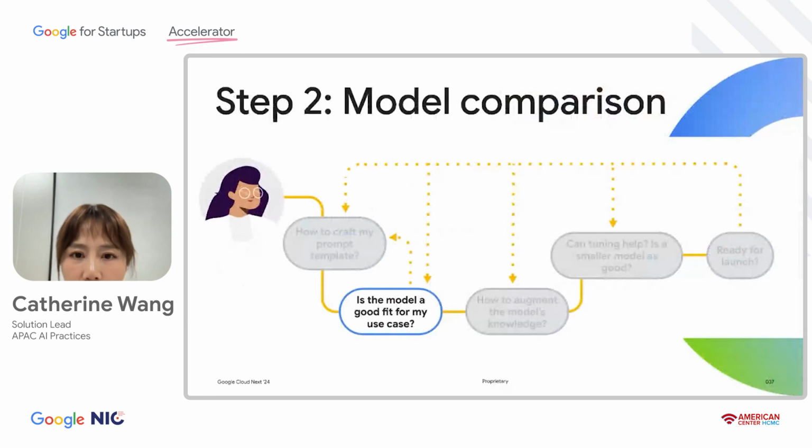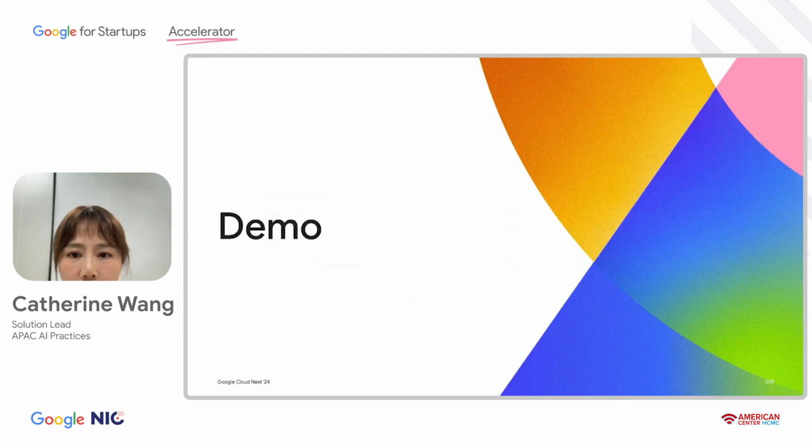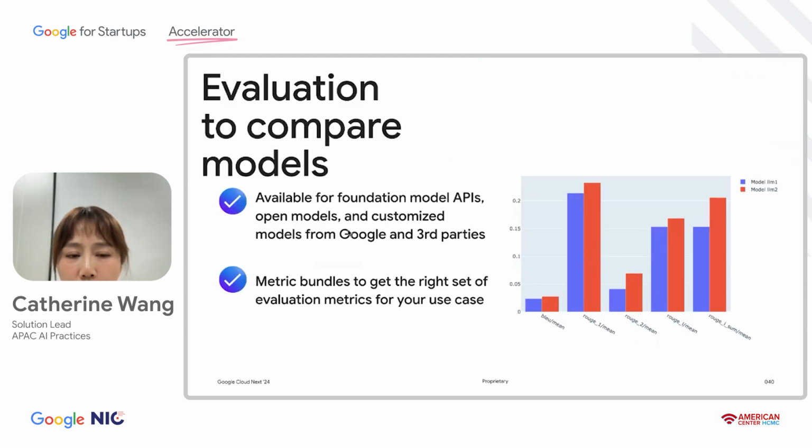So the model comparison is similar, not only on the prompt, but I want to shift from model 1 versus model 2. The same exact steps: we define the metrics, we define the prompt template, and then we specify which model I want to run. And then the output of the model comparison will tell you how this specific prompt compares between model version 1 versus model version 2.